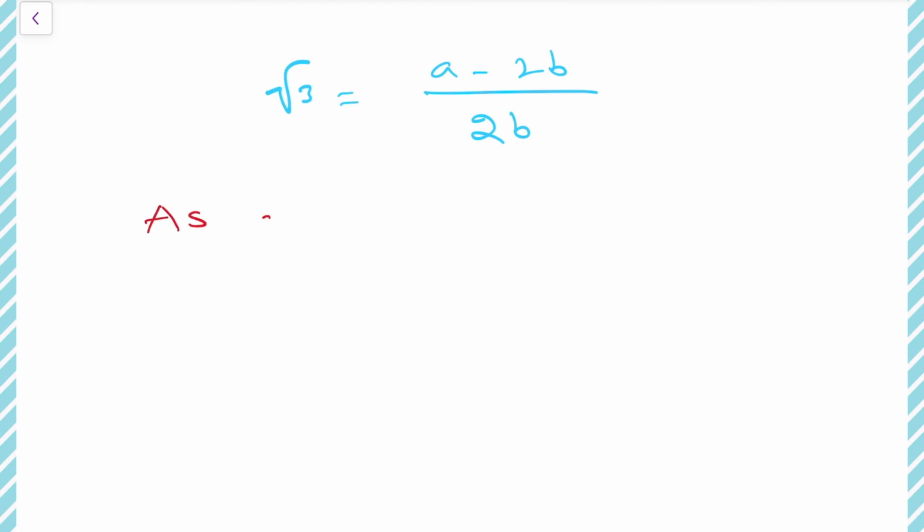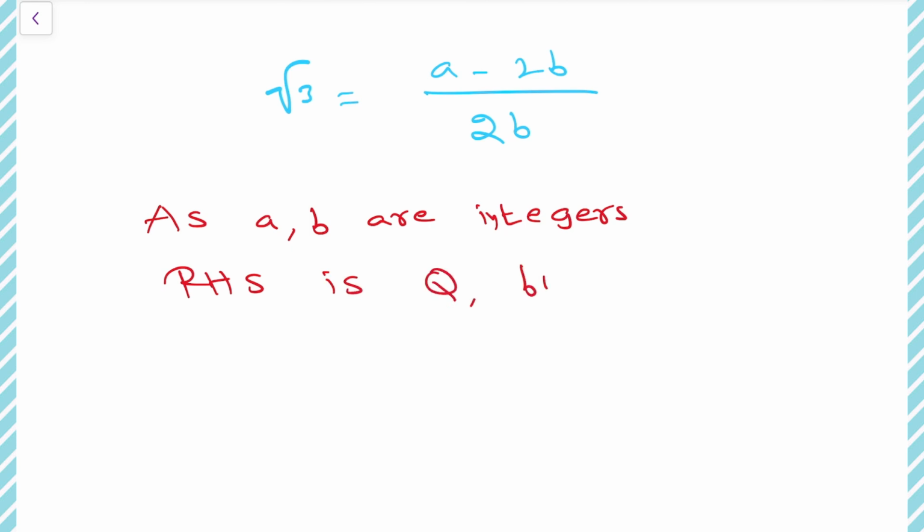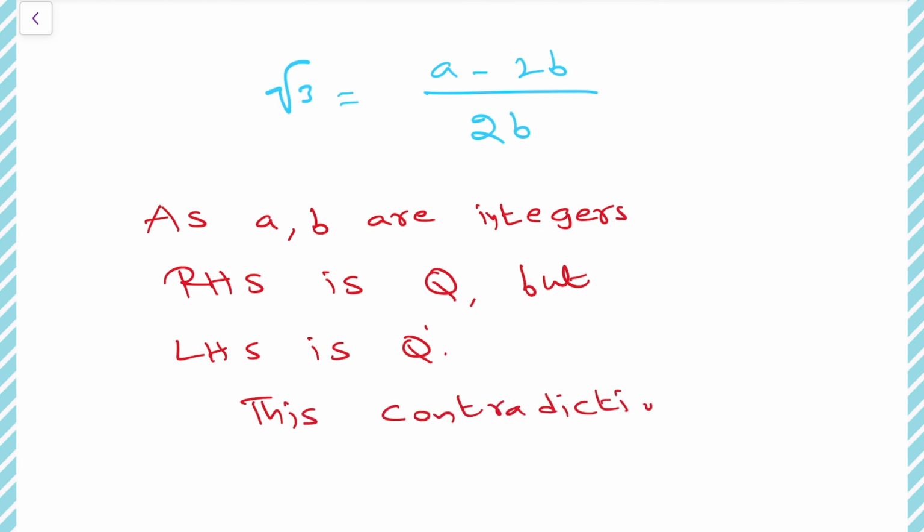As a, b are integers, RHS is rational, but LHS is irrational. This contradiction has arisen due to our wrong assumption.